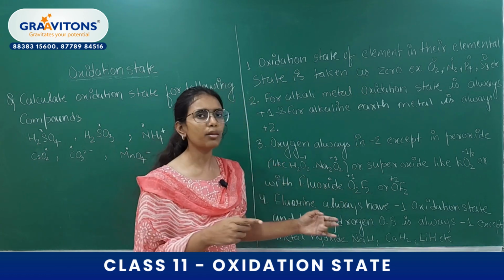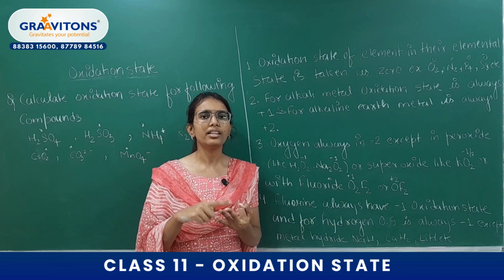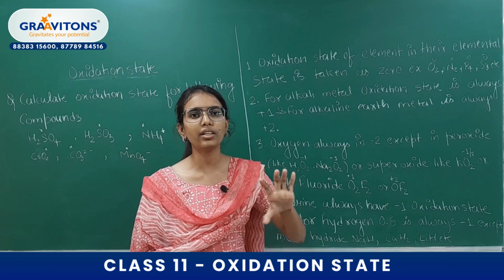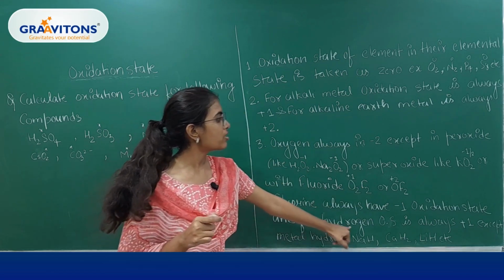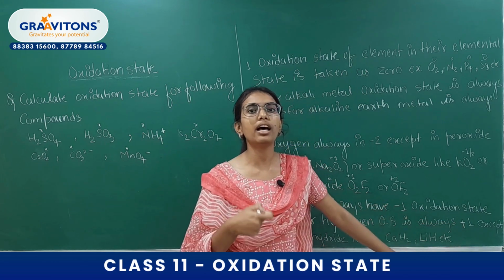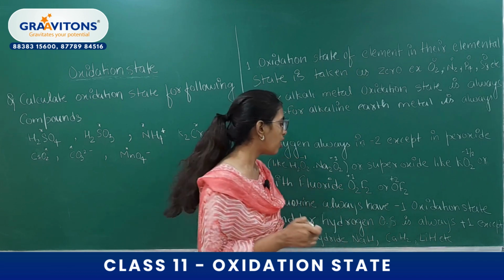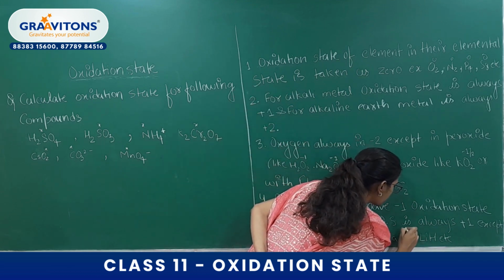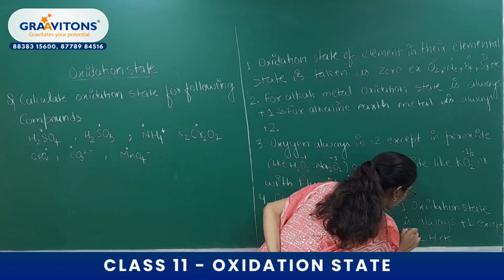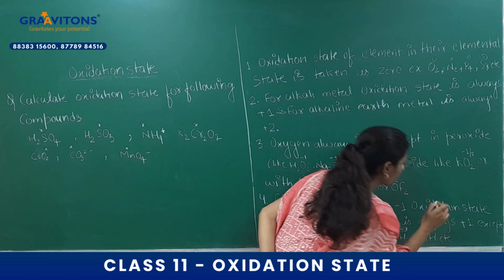But other halogens like chlorine, bromine, iodine can have -1, and they can have positive oxidation states also. So we have to calculate in the compounds. For hydrogen, the oxidation state is always +1, except in the case of metal hydrides. In metal hydrides, hydrogen has oxidation state -1.